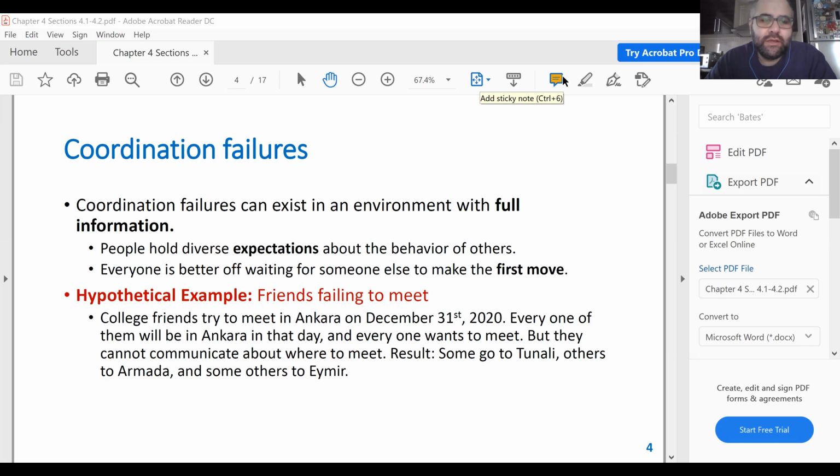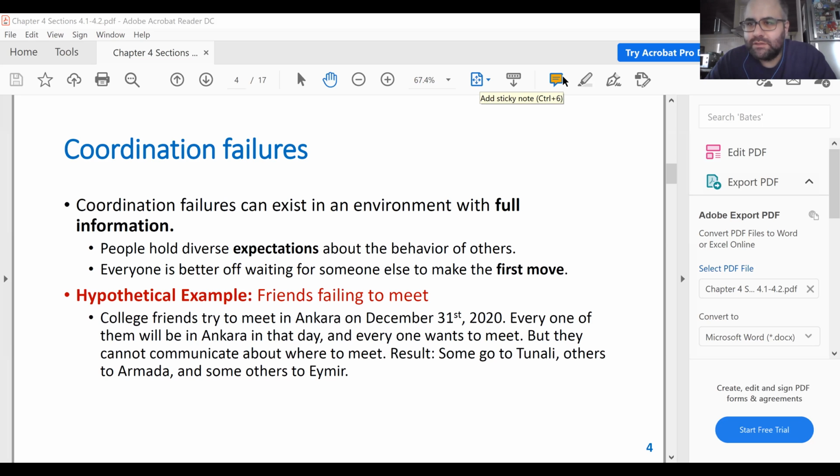All right, so here there is a hypothetical example. In this example, we have some college friends. A couple of years after the graduation, they try to meet in Ankara on the New Year's Eve. Okay. So every one of them will be in Ankara that day, and everyone wants to meet. Okay, so these are close friends.